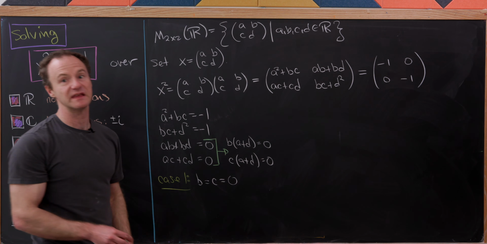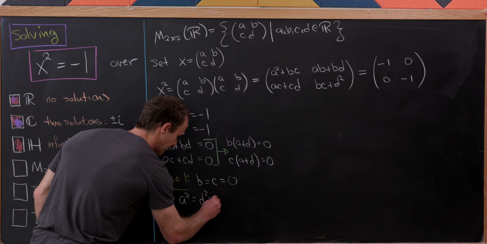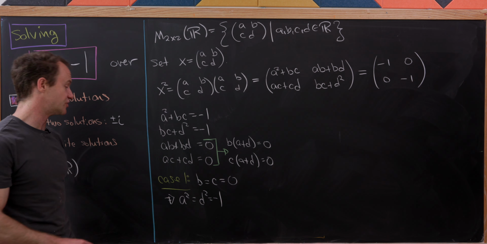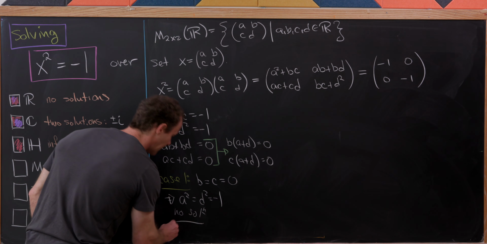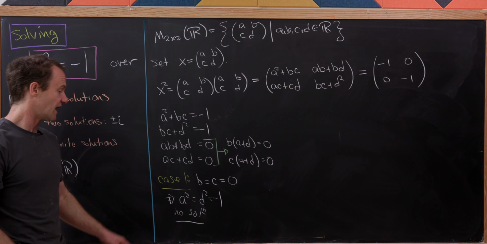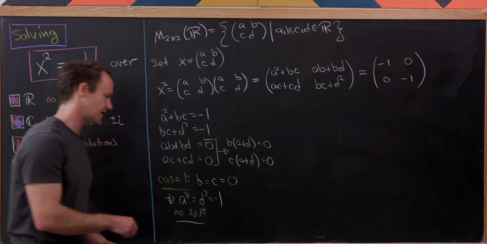But looping that back into the first two equations, that tells us A squared equals D squared equals -1. But since we're working over M2 by 2 R, that gives us no solution. Now, of course, you could play the game where we're working over complex numbers, and you would get solutions out of this, but let's just not do that here.